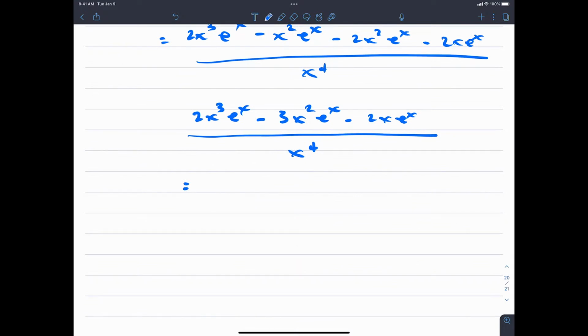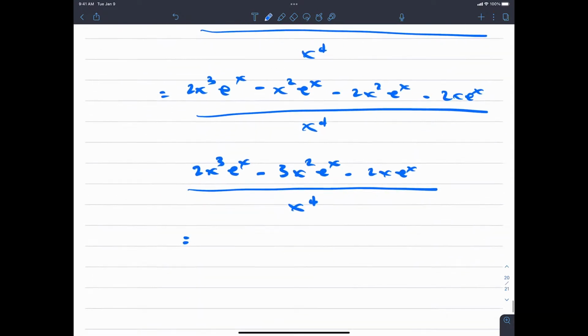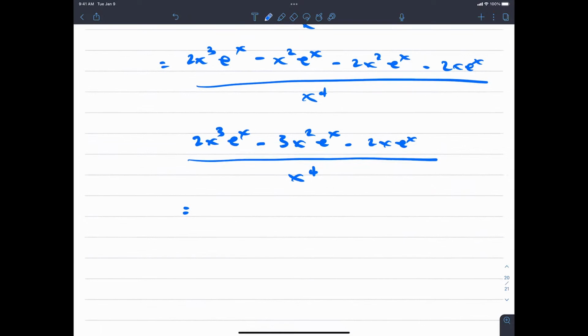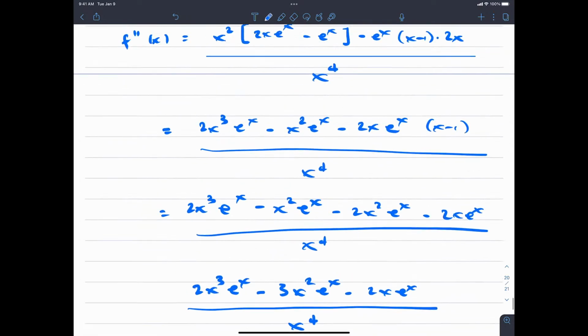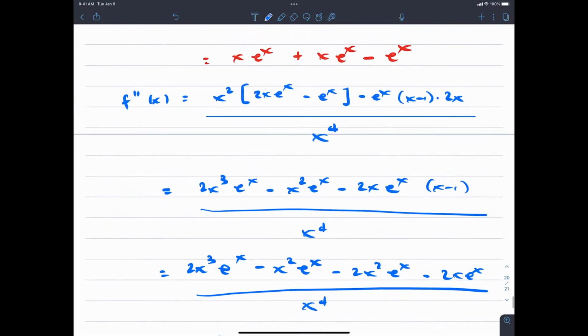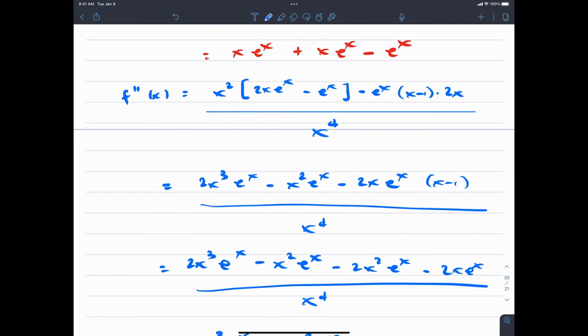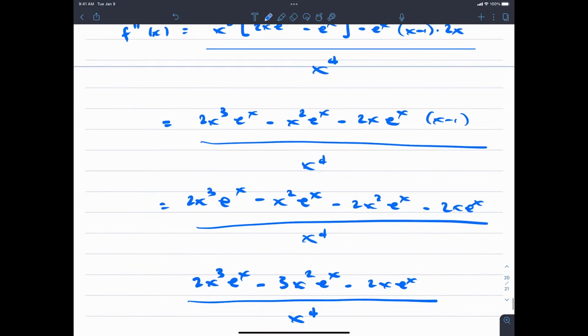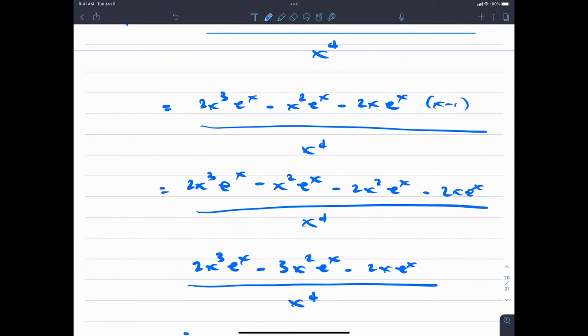What's common here? Did I miss an add here? Double check, ladies and gentlemen. I can see 2x e to the x, x minus 1, 2x squared e to the x. I think this is plus, right? You guys okay with that?